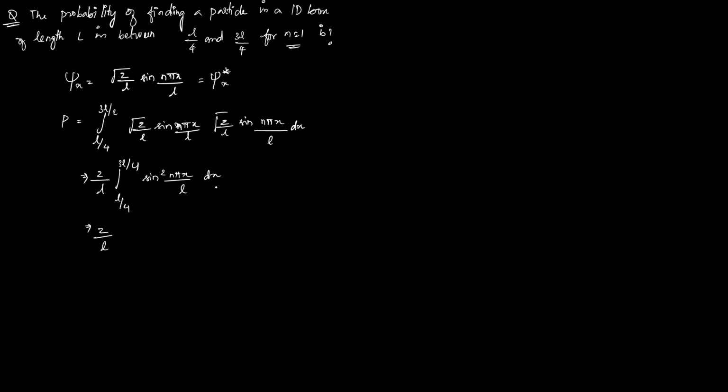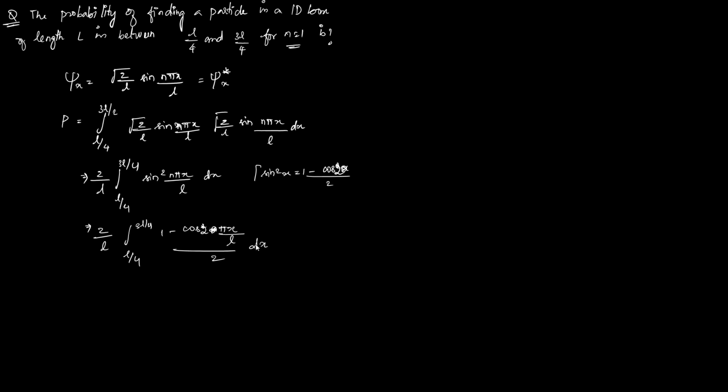So if you simply rewrite this equation, we know that sin square x is going to be equal to 1 minus cos 2x by 2. So if you simply write this equation, this is going to be L by 4 to 3L by 4, 1 minus cos, sorry, it's cos 2, not cos square, cos 2πx by L, by 2, into dx.